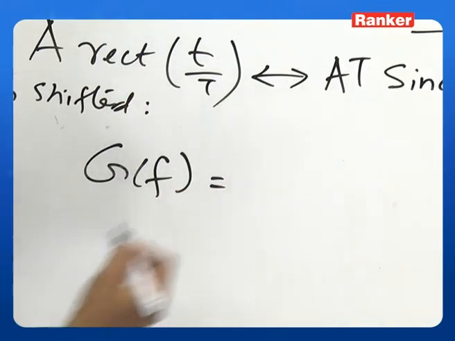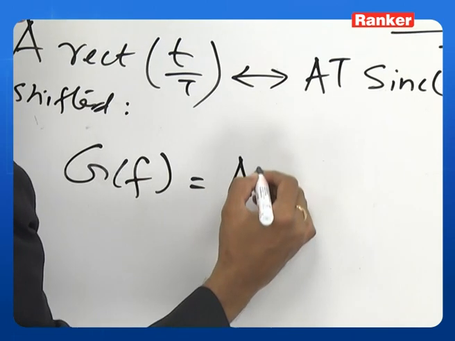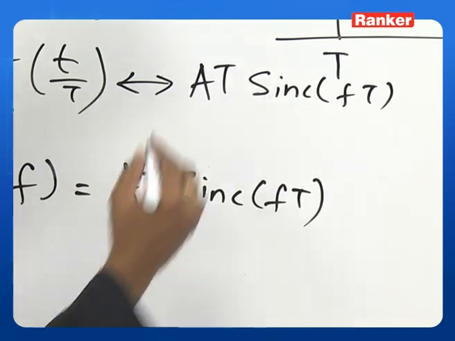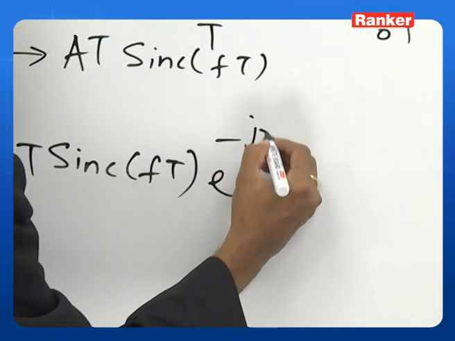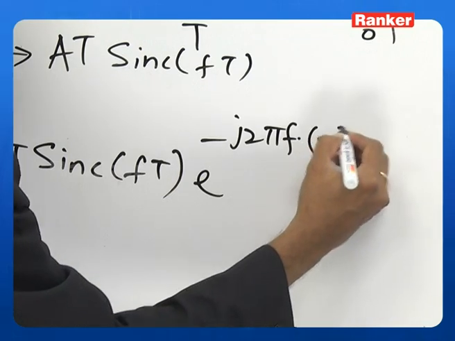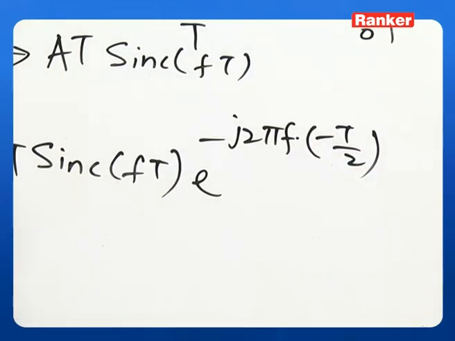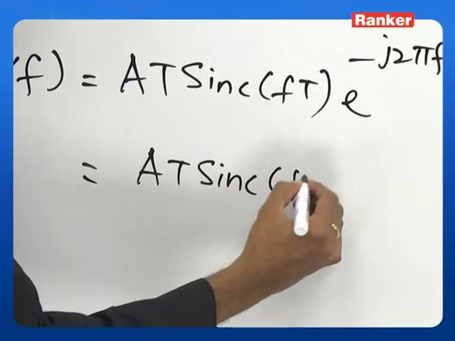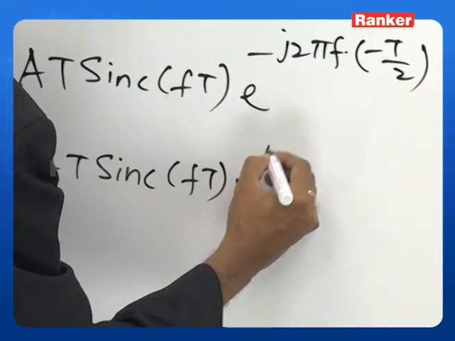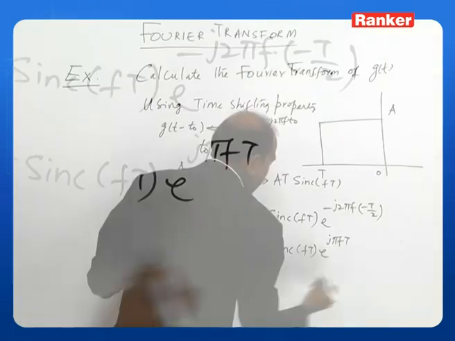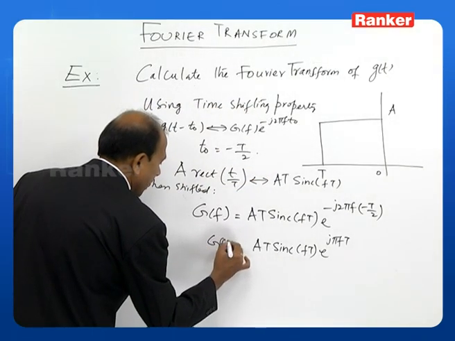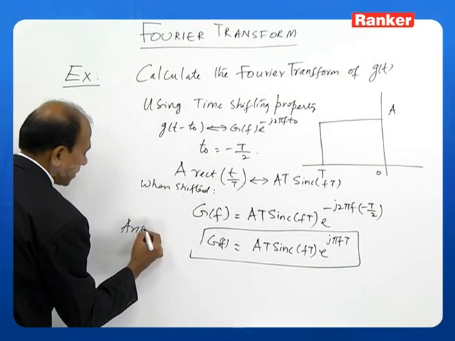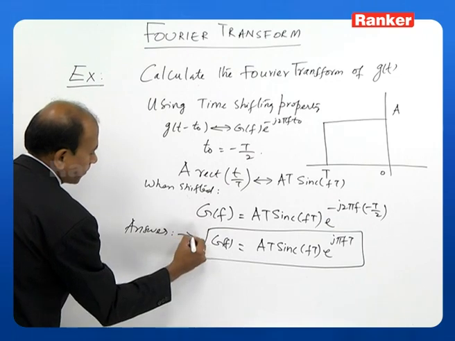G of f will be A T sinc(f T), then exponential of minus j2 pi f into minus T by 2. So, this will be equal to A T sinc(f T) exponential of j pi f T. So, this is the answer.